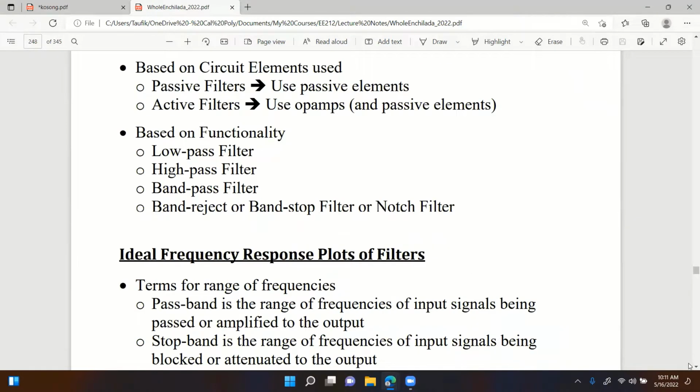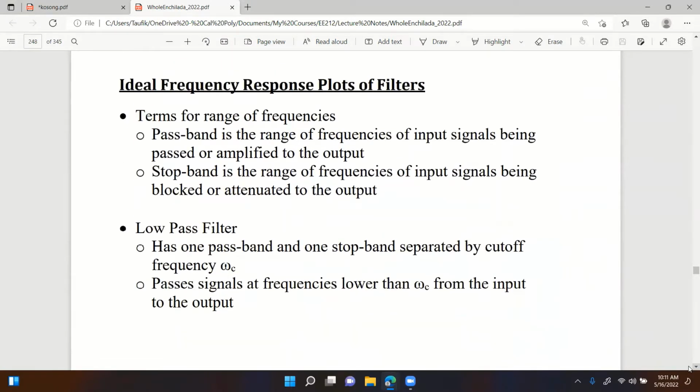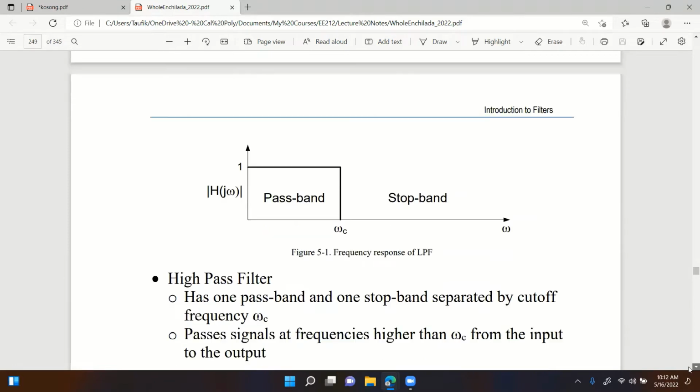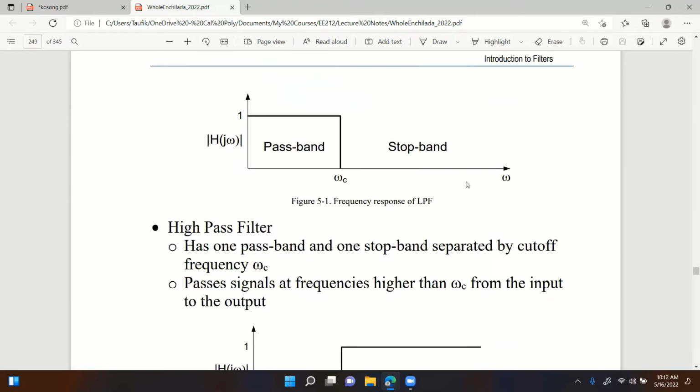And then we looked at ideal characteristics of filters, having the two different bands, pass band and stop band, and the borderline between the two bands, which we call cutoff frequencies. Then we looked at the ideal characteristics of each of the four different types of filters: low pass, high pass, band pass, and band reject.